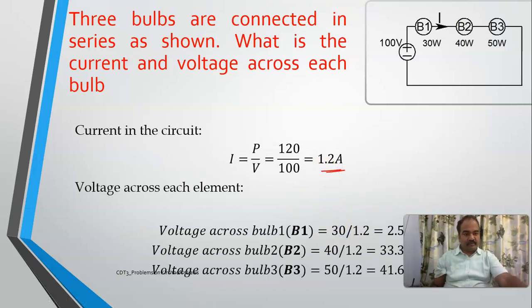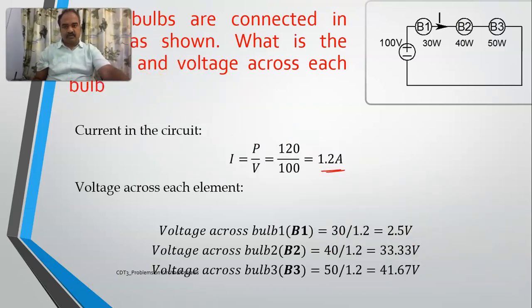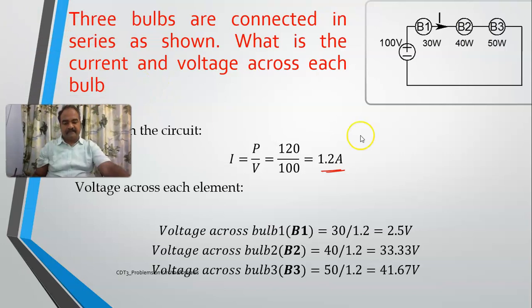So once I get 1.2, the next thing is what I must do? I can calculate voltage across each bulb. See, what is the power in this particular one? It is 30, right? P1 is equal to 30. It is I square R1, or I can also write it as V1 into I. The voltage across it we have seen earlier also.